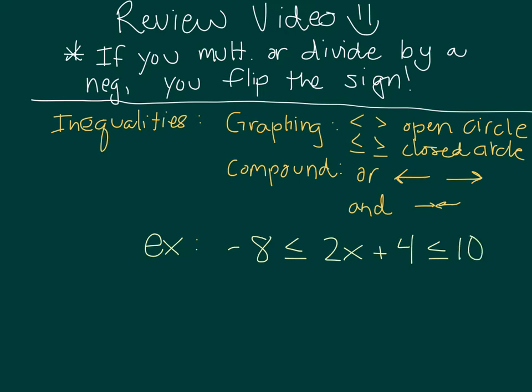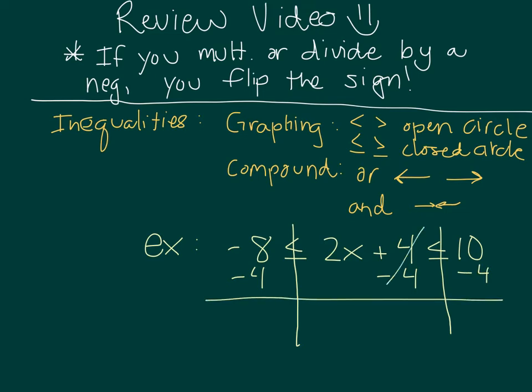Since it's an and statement, we draw our line down. We do it to all three parts. So we subtract 4 here, subtract 4 here, subtract 4 here. -12 is less than or equal to 2x, which is less than or equal to 6.